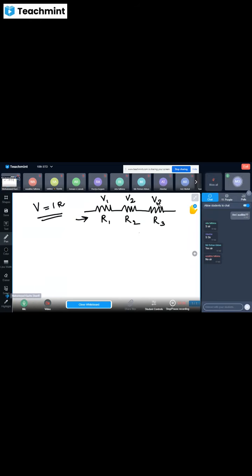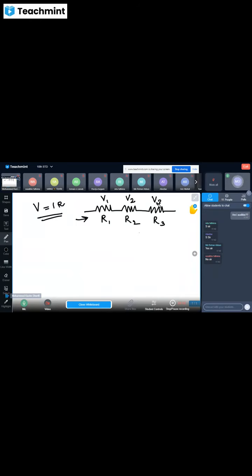Is the current getting changed? No, the same current is flowing through all the resistors. Same current is flowing to R1, R2, and R3. R1 is not equal to R2, R2 is not equal to R3. They can be the same, but generally we are connecting different resistors of different values in series.